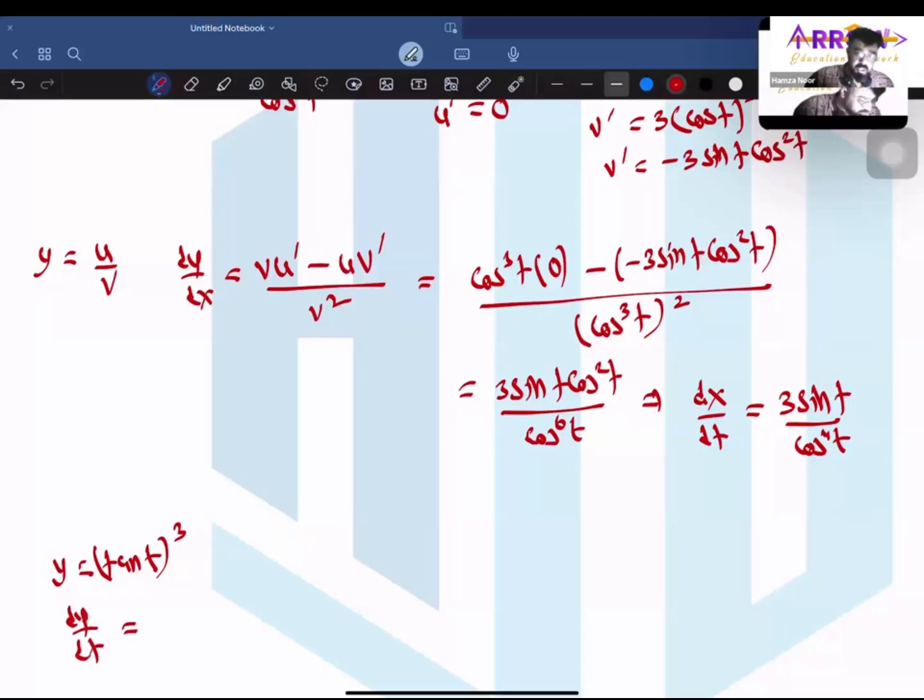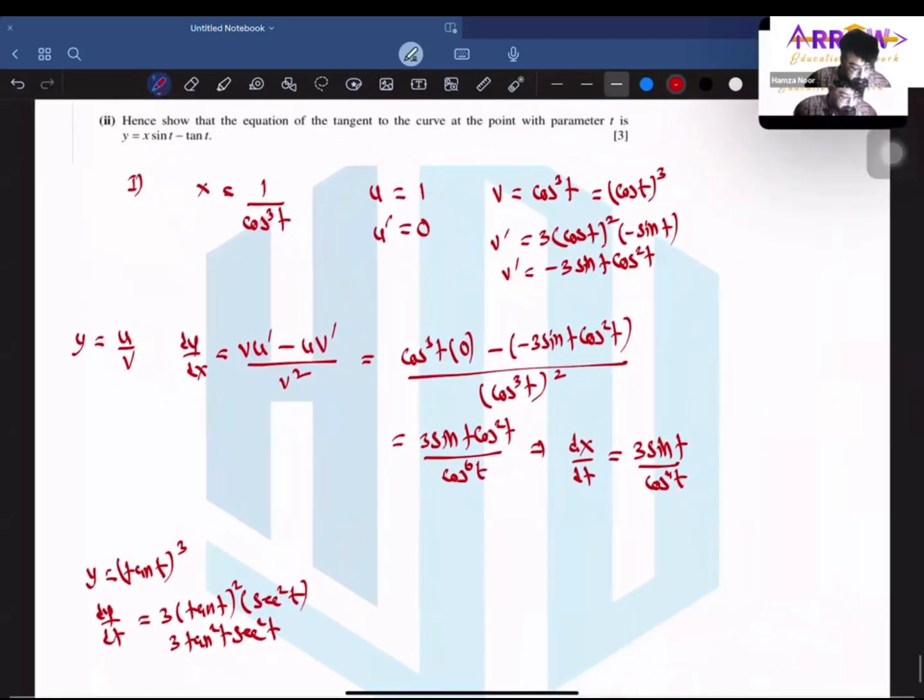So dy over dt equals, the power 3 comes down, tan t we write as it is, power becomes 2, and then multiplied by the derivative of tan t, which is sec square t. So 3 tan square t multiplied by sec square t. We have found the dy over dt function, and now we are going to find the dy over dx function.